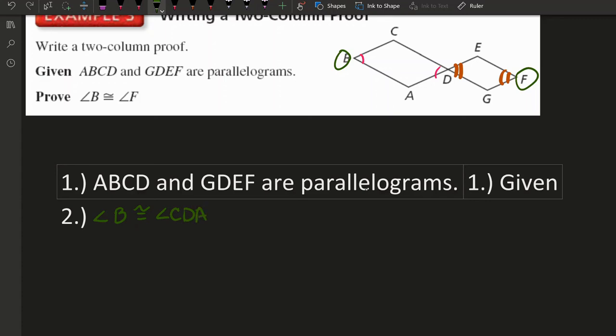And in the same step, I can also say angle F is congruent to angle EDG. And that is because of the parallelogram opposite angles theorem.